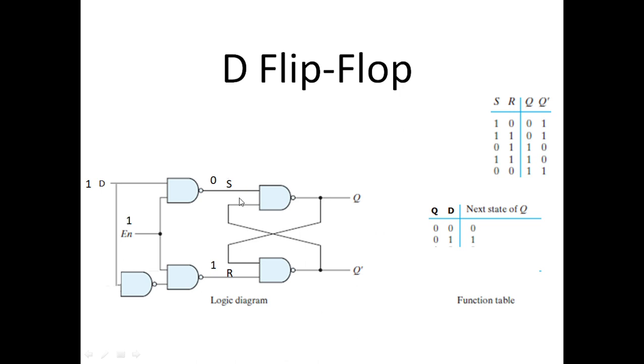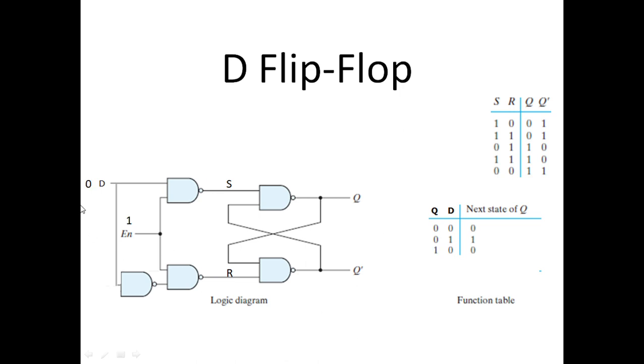Setting the flip-flop means we get 1 at the Q output, which is here. Or you can also look at the same result here. S is 0, R is 1, so for SR, 0, 1 is the input, so it will set the flip-flop. We get 1 for Q and 0 for Q prime, which is here. So for Q, we get 1. So it will set the flip-flop.